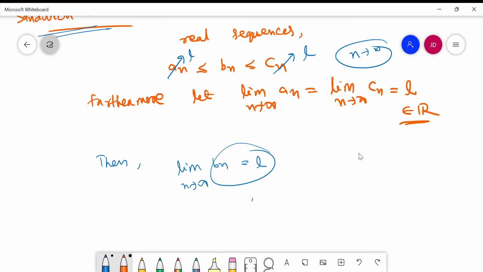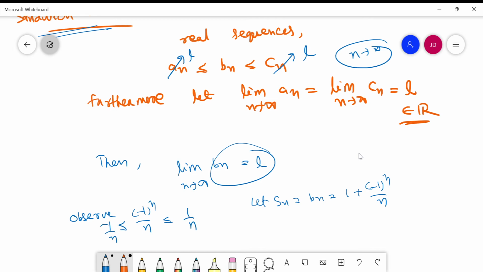Okay, so how will we apply it? Let Sn equal bn, which is 1 plus (-1)^n upon n. Now we observe that (-1)^n upon n is in between 1 by n and minus 1 by n. And why is that? Because (-1)^n can take the values plus 1 and minus 1, depending upon whether n is even or odd.